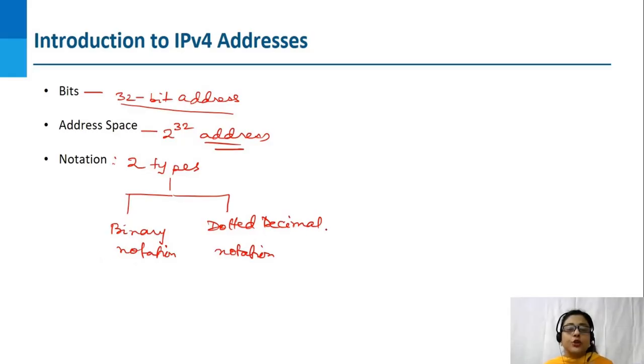Now let us consider dotted decimal notation. Let us consider this number, let's say 192.3.56.5. So this is an address of class C. Later on we will see what are the different classes of IP addressing scheme.